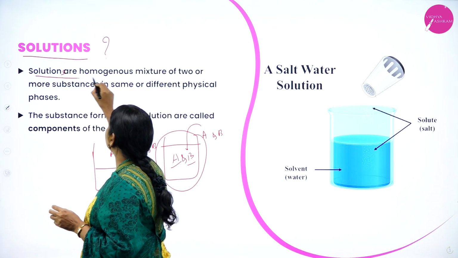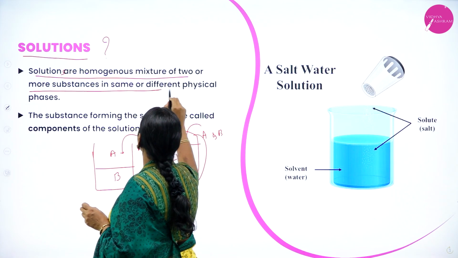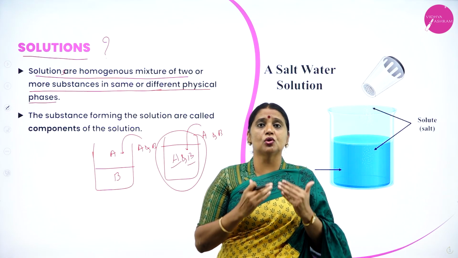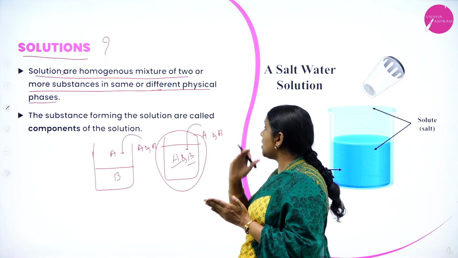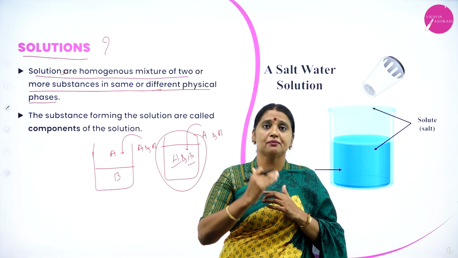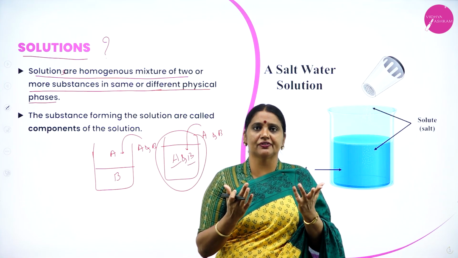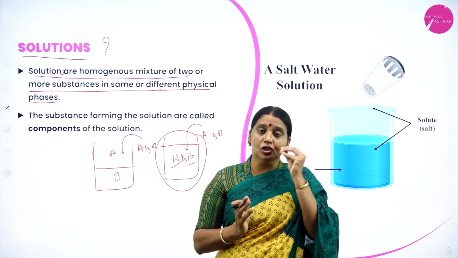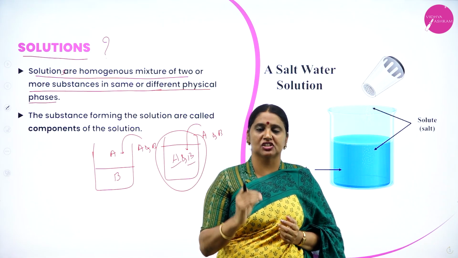Solutions are homogeneous mixtures of two or more substances in the same or different physical phases. When two or more substances are mixed with the same or different physical states, then that mixture is called what? A solution. Therefore, a solution is a beautiful example of a homogeneous mixture.